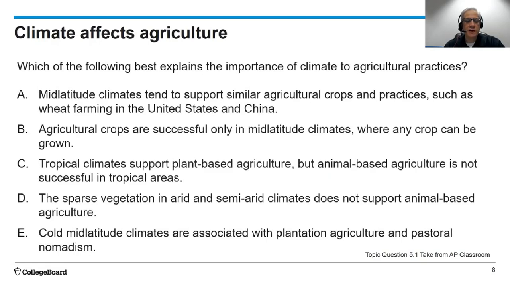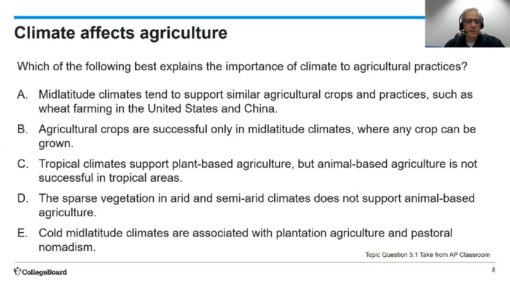Let's practice. Which of the following best explains the importance of climate to agricultural practices? A. Mid-latitude climates tend to support similar agricultural crops and practices, such as wheat farming in the United States and China. B. Agricultural crops are successful only in mid-latitude climates where any crop can be grown.